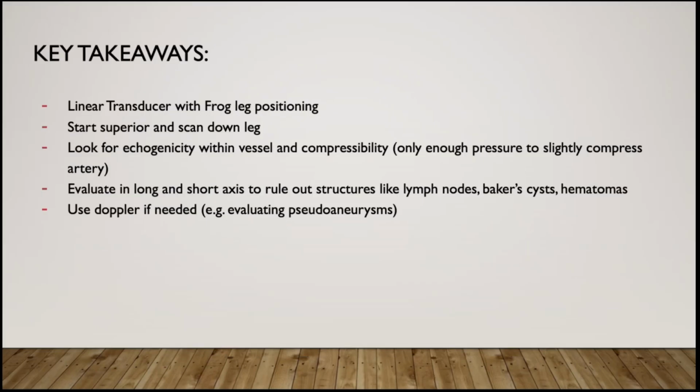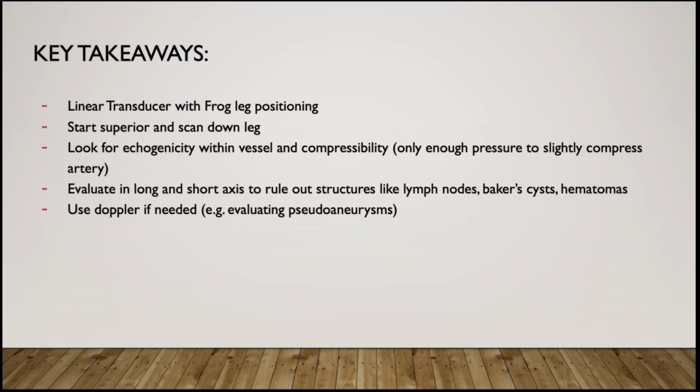So then some key takeaways, a review of the main points that we talked about. The linear transducer is what you use for those superficial structures. The frog-like position: you have the patient abduct and externally rotate, and then you run along the medial portion of the leg until you get to the popliteal, where you go posterior to the knee.